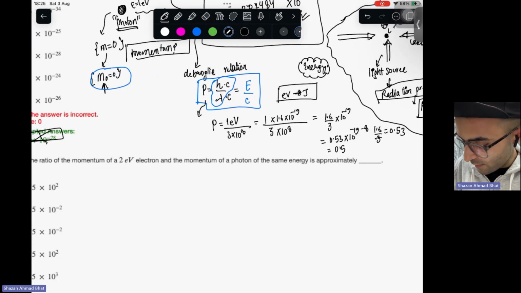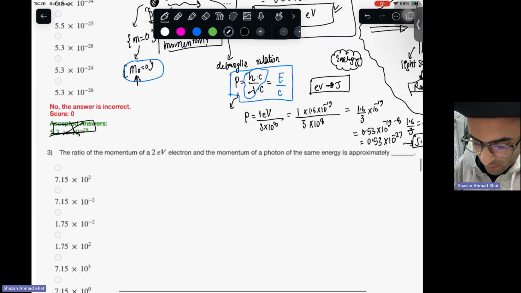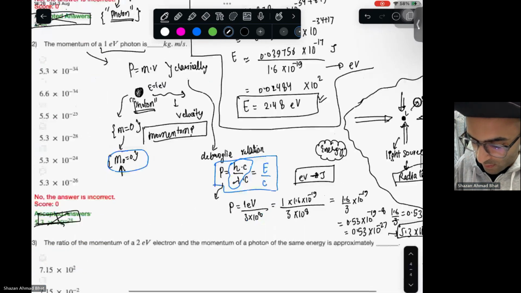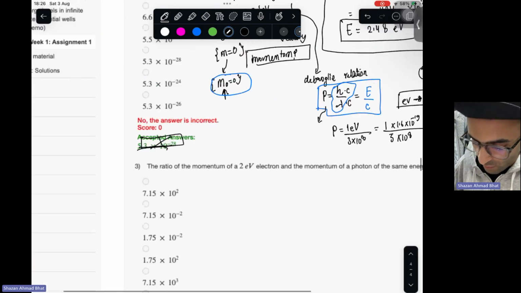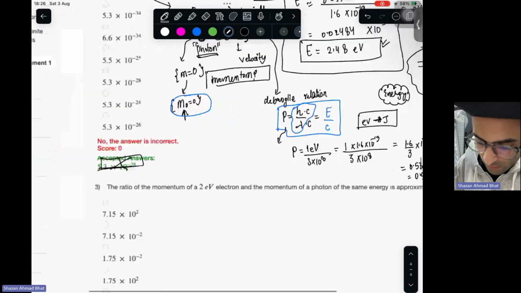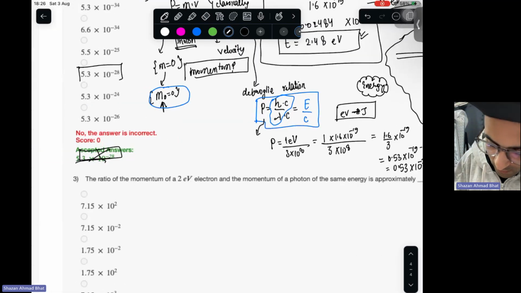So you get 0.53 into 10 to the power minus 27, or it can be written as 5.3 into 10 to the power minus 28. The units are kilogram meter per second in SI units. So the answer of this question will be 5.3 into 10 to the power minus 28.